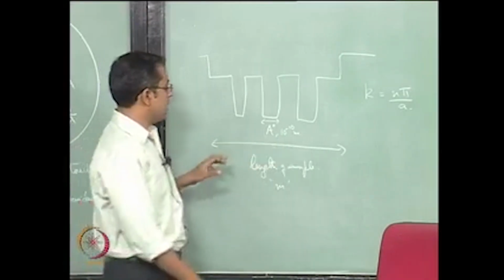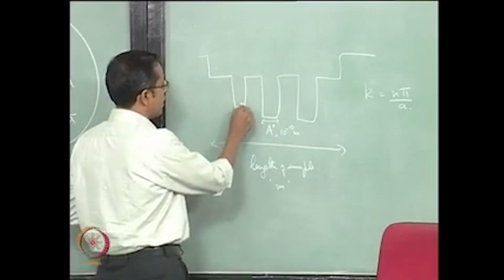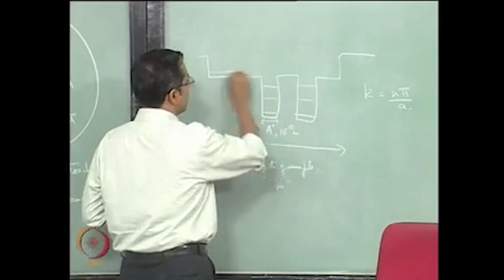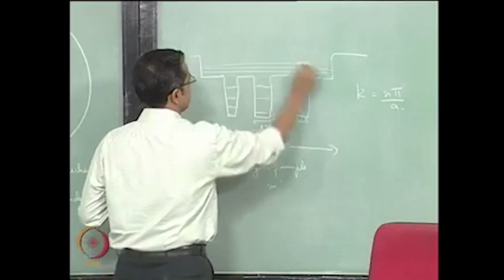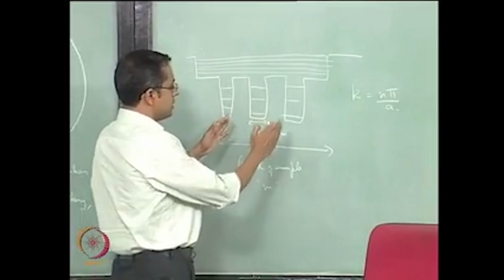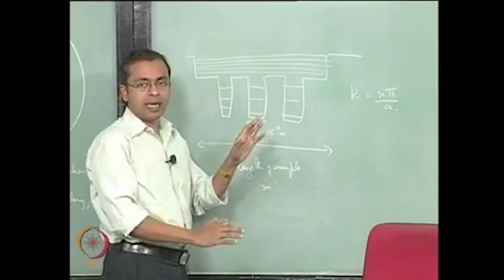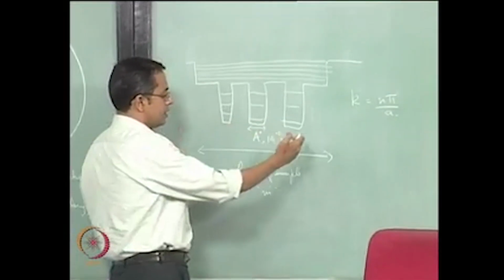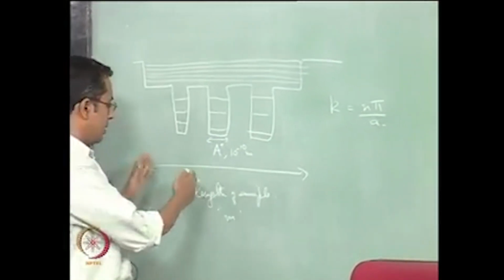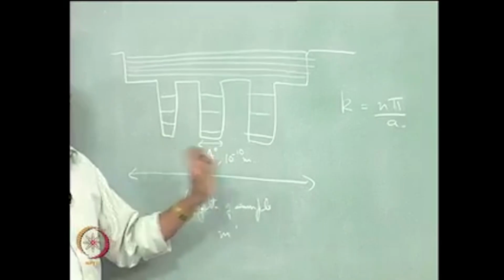So we also said that you can have electrons that are confined here, or you can have electrons that are confined here. In both cases the allowed wave vectors are n pi by the length or the dimension associated, the extent of the length in that particular direction.